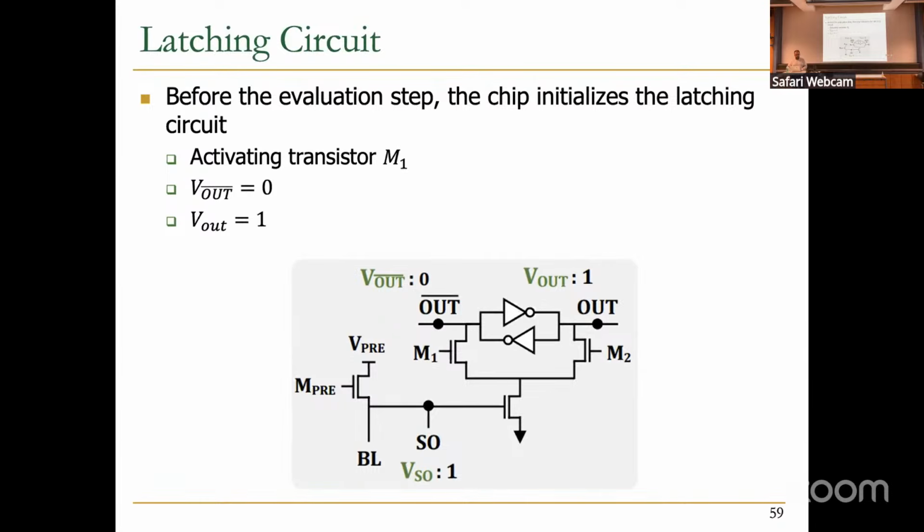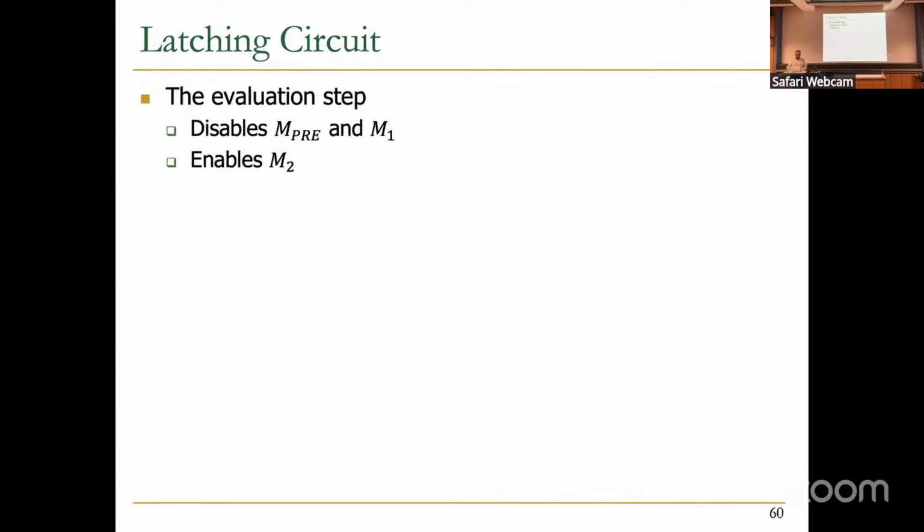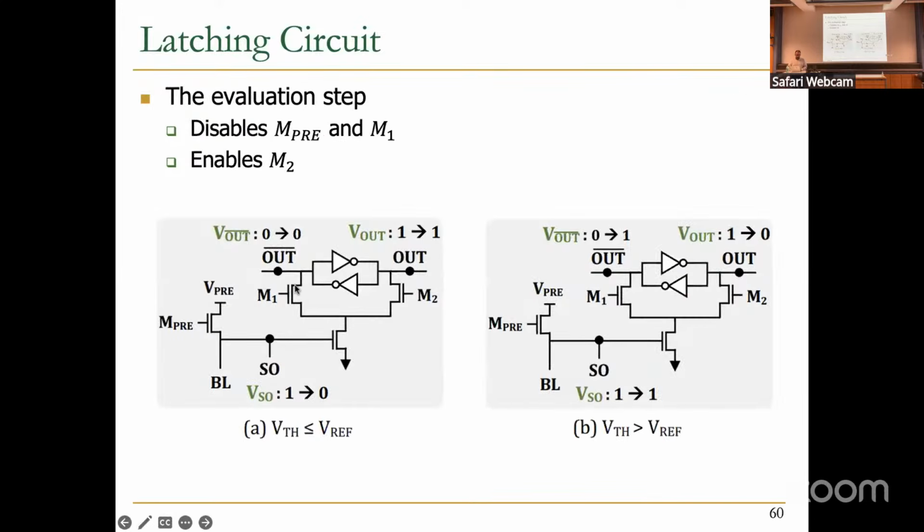Okay, good. In the evaluation step, we need to disable the pre-charge transistor. And then we also disable M1. But this time we enable M2. Okay, so M1 is disabled, but M2 is activated now.